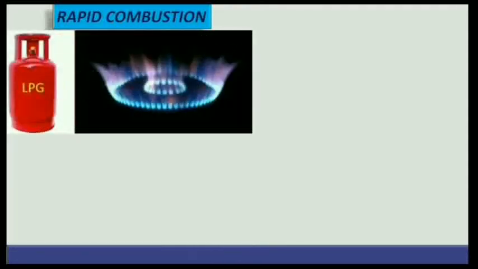The combustion reaction in which a large amount of heat and light are produced in a short time is called rapid combustion. The immediate burning of LPG in a gas stove to give heat and light is an example of rapid combustion. Burning of paper also comes under rapid combustion.